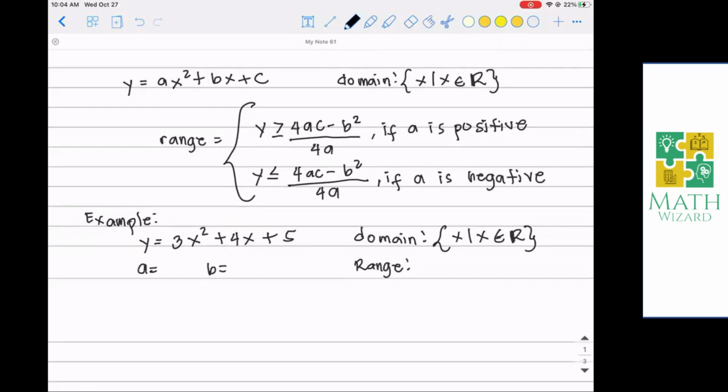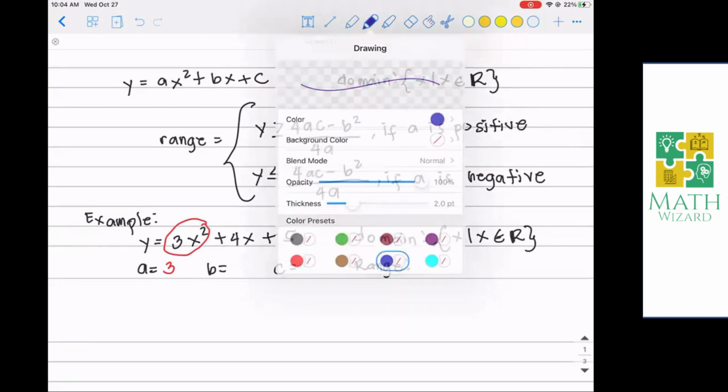So we look for A, B, and C. Sa letter A, ito yung coefficient na mayroong x squared. Hanapin natin yung variable na mayroong x squared. Ano yung coefficient niya? That's equal to 3. Next. Ano naman yung letter B?